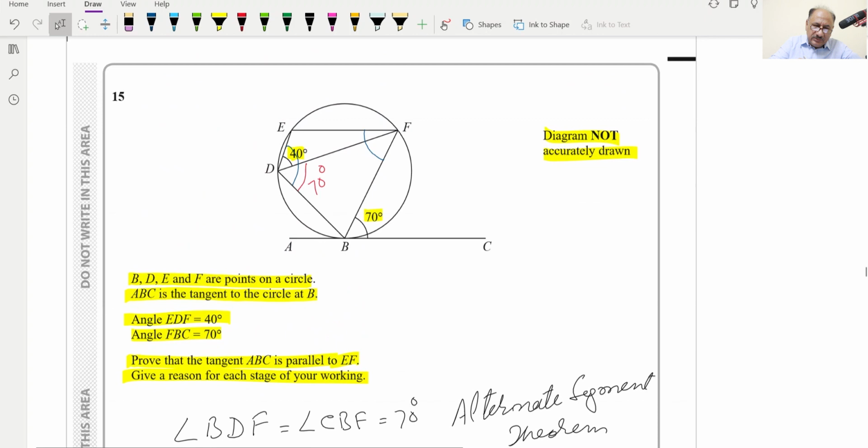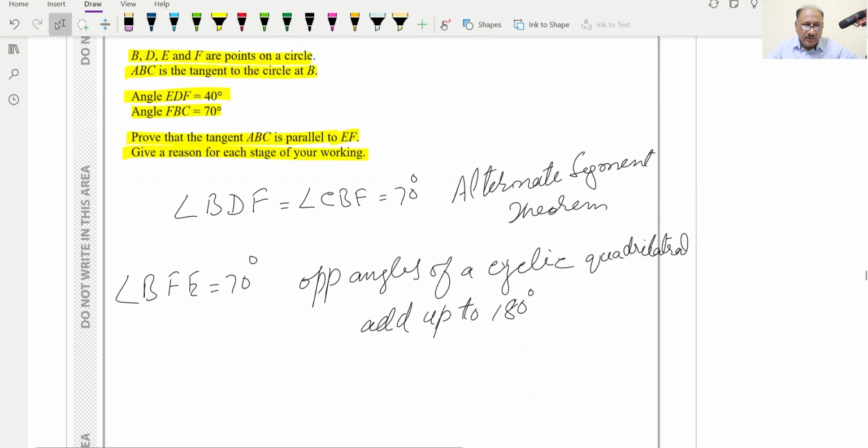Now, if we consider this angle, this is 70 degrees, which we have proved, and this angle is also 70 degrees. So they are alternate angles.